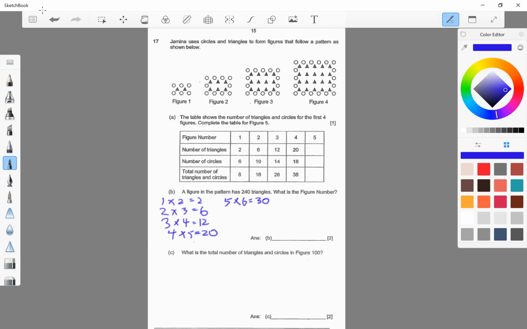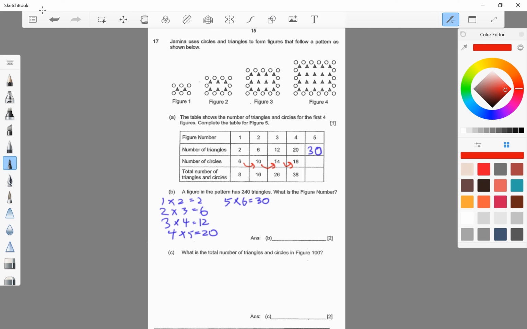Alright, next up, number of circles. If you look carefully, the number of circles are all increasing by 4. I notice that 6 plus 4, I get 10. 10 plus 4, I get 14. 14 plus 4, I get 18.